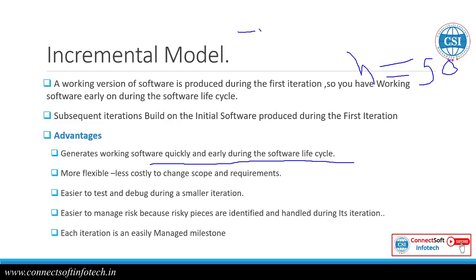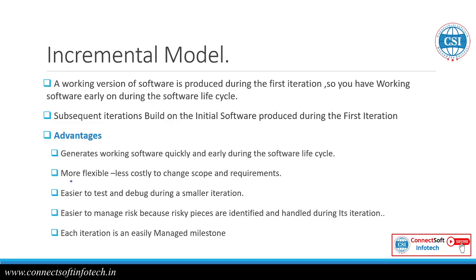In the first iteration we get the working software. If the requirements change and you need to add features, you can easily add them. By the last iteration you will get exactly the working software that the customer required.